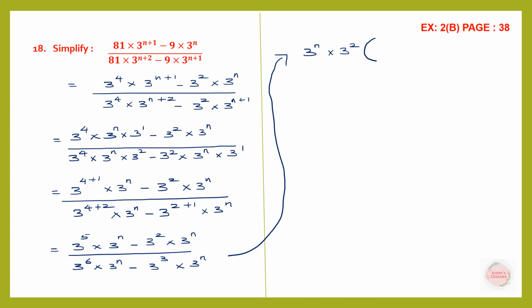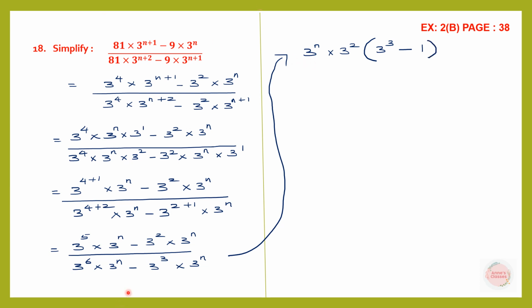So let me write that inside the brackets, 3 to the power of 3. Then I have into 3 to the power of n, which is already outside the brackets. Then I have minus, so let me write minus there. Then here I have 3 to the power of 2, which I already have outside. So instead I'm going to write 1, because I already have it outside. Into 3 to the power of n, I already have 3 to the power of n outside.